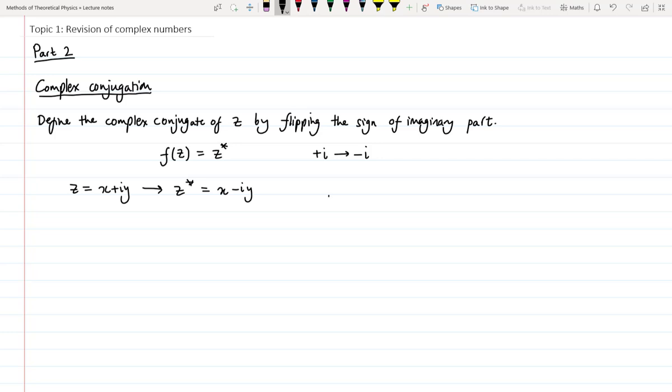We can draw this in an Argand diagram to see what's going on. Real and imaginary. So let's take some input complex number z, described by this vector, and it has real part x and imaginary part y. When we take the complex conjugate, we flip the sign of the imaginary part.